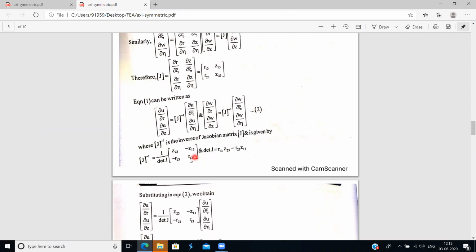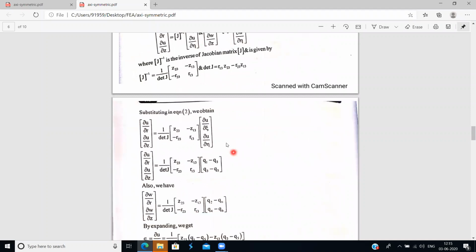The determinant of J is the multiplication of these two minus the multiplication of these two: R13 into Z23 minus R23 into Z13. So this is the J inverse, which is 1 divided by the determinant of this matrix.